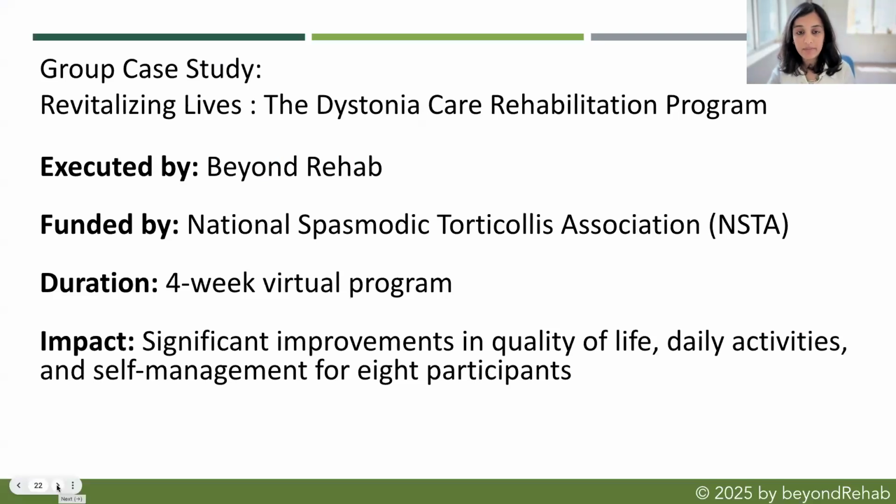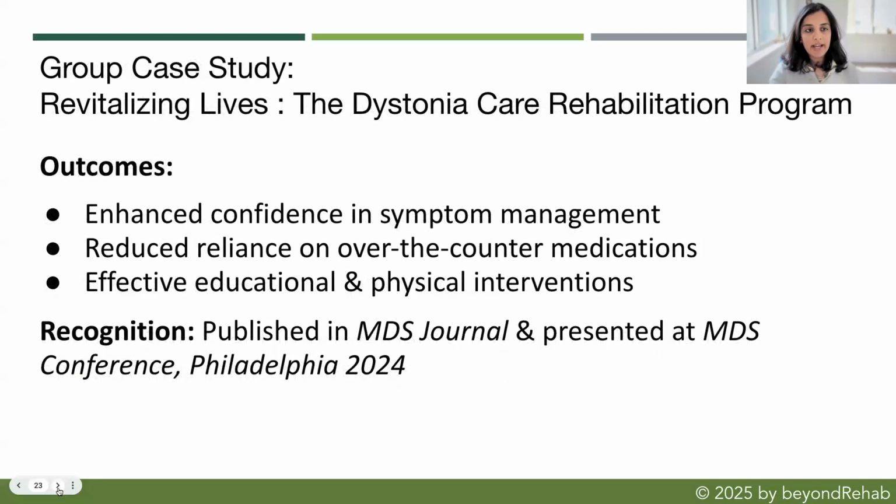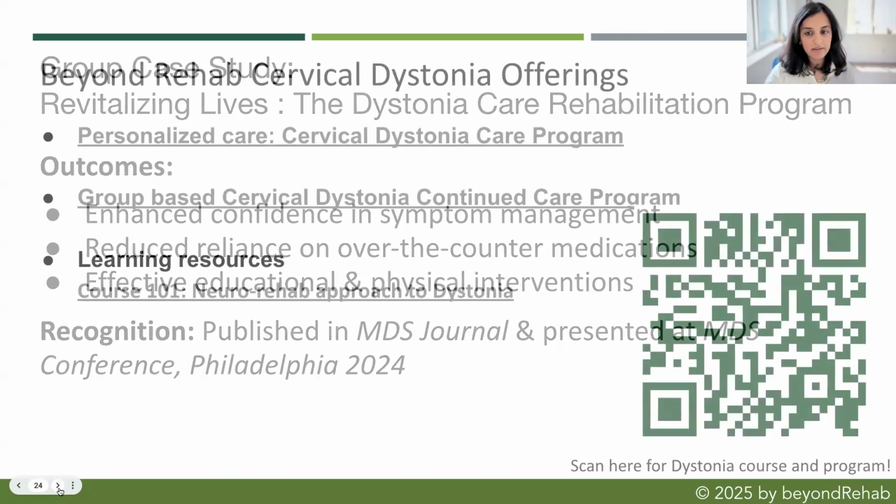It was funded by the National Spasmodic Torticollis Association, and we noted significant improvement in quality of life, daily activities, and self-management for the 8 participants. The key outcomes were enhanced confidence in symptom management, reduced reliance on over-the-counter medication, and effective educational and physical intervention. This was presented and discussed further.